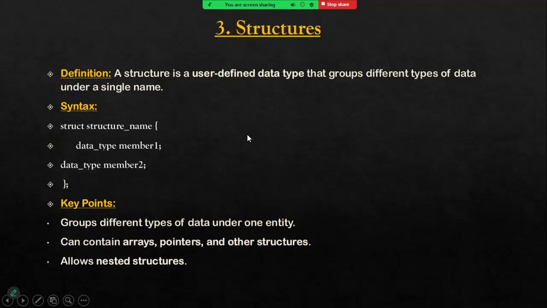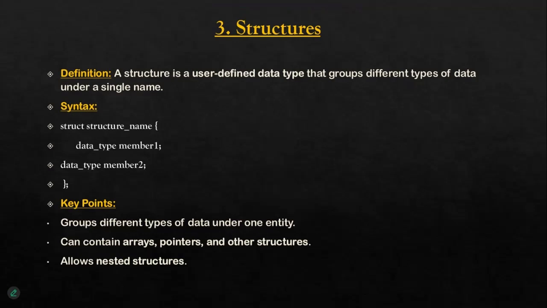Next, structures. What is a structure? A structure is a user-defined data type that groups different types of data under a single name. The user can define this data type, and it groups different types of data.